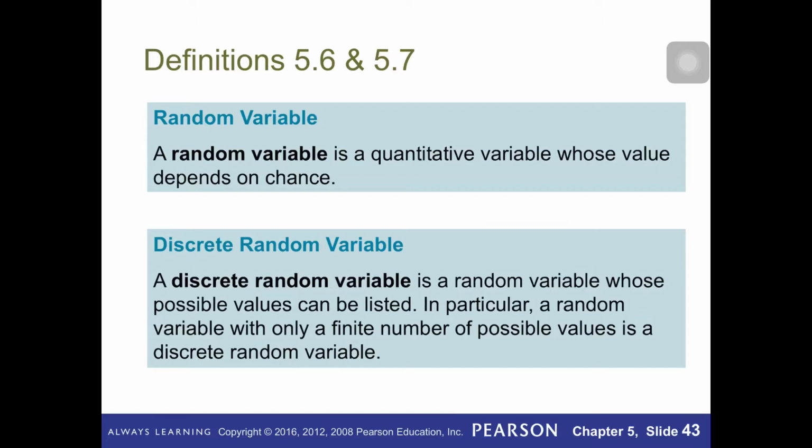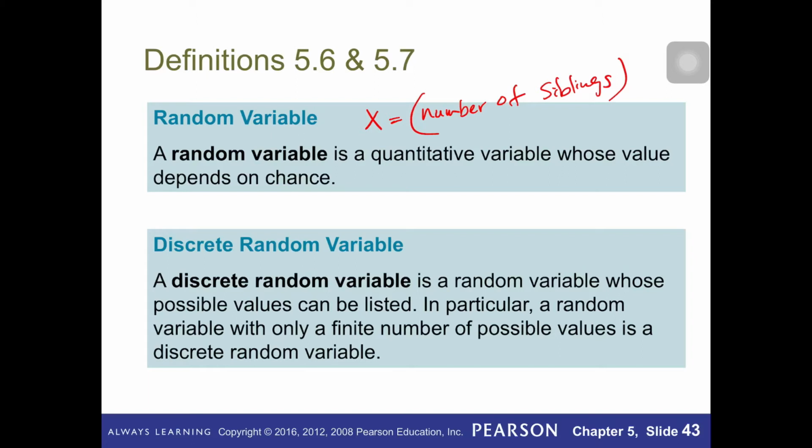So for an example, let's say x is my random variable. It is number of siblings. So x is my random variable and which is number of siblings.